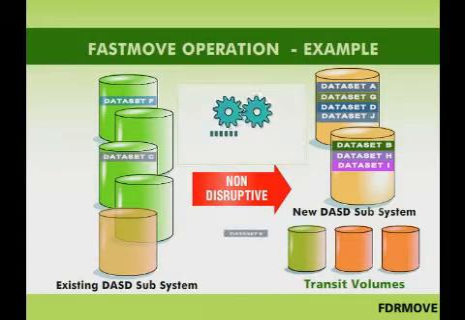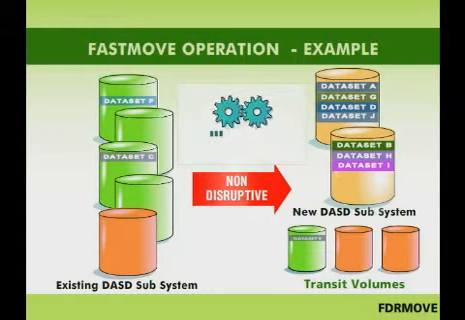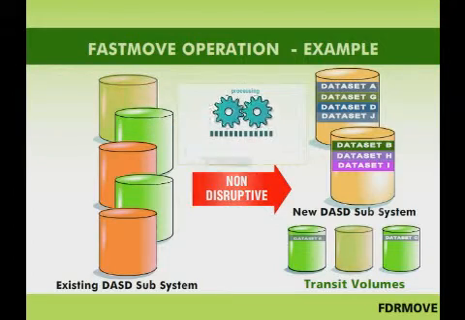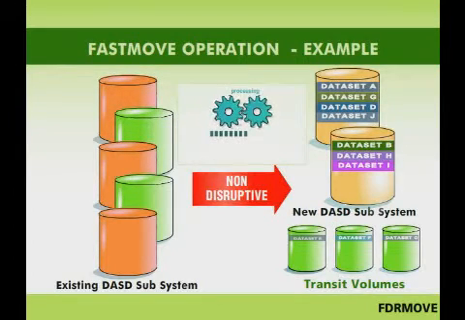In this example, there are enough transit volumes to move all the volumes containing the active datasets to the transit station volumes. Therefore, FDRPAS moves all 3 volumes containing the selected active datasets to transit station volumes.